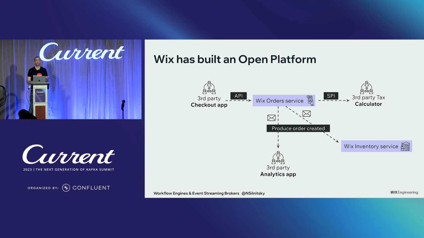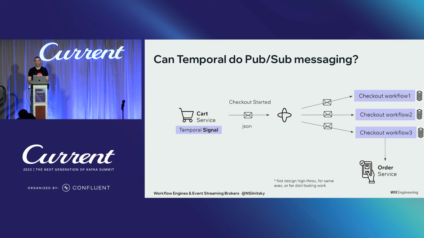And then we have the question, can Temporal fit nicely into this? More specifically, can Temporal actually do pub/sub messaging? Well, there is the ability with Temporal to send out signals to running workflows. These signals have to be sent to a specific, running workflow execution.